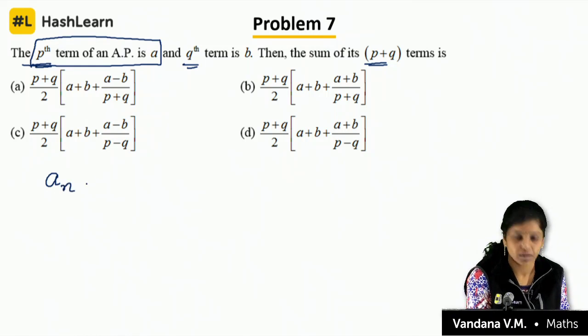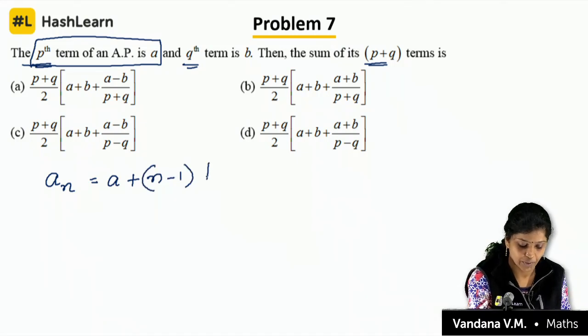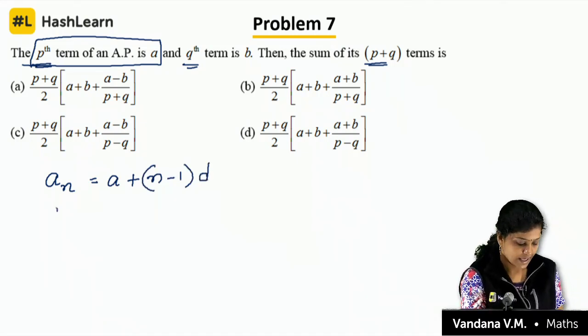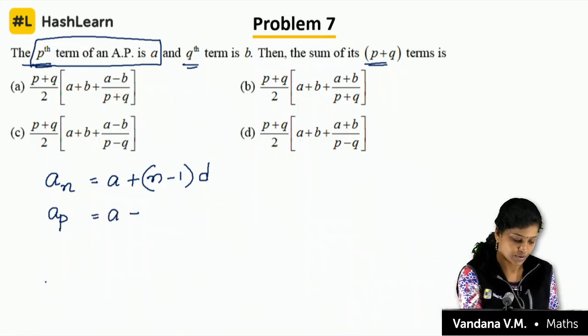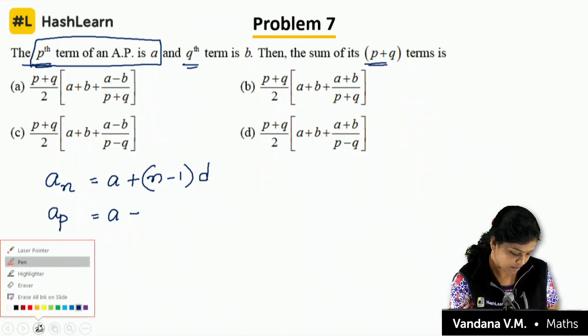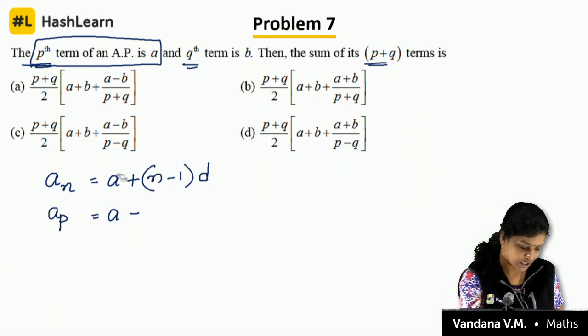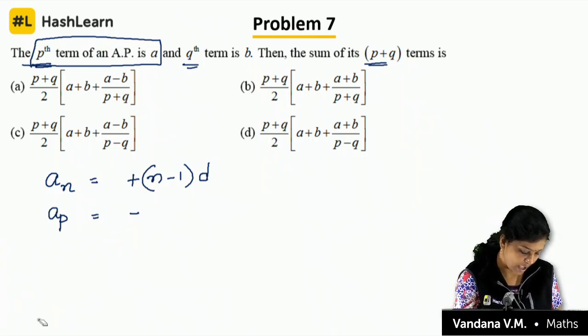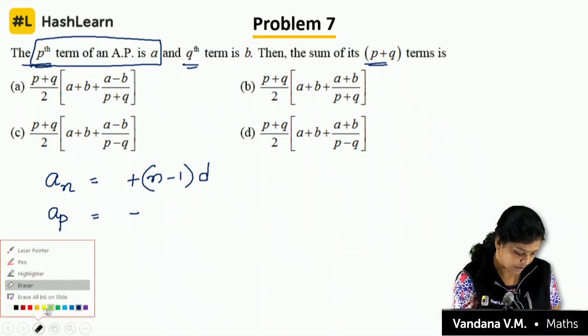Generally the nth term is an is equal to a plus n minus 1 into d. Here, the pth term is a plus... See, here you will get confused. So to make it different, I will take this as the other A.